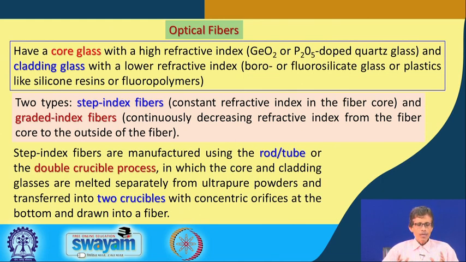At the bottom of the crucible there is a passage, and when the material is passed it then cools, and the cooled fiber gives you the corresponding optical fiber. It comes out as a thread: one thread of core covered with the cladding glass, coming out at the bottom of that crucible.